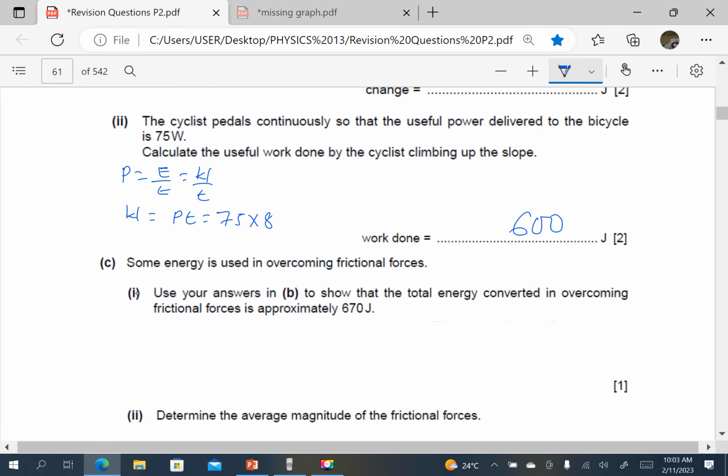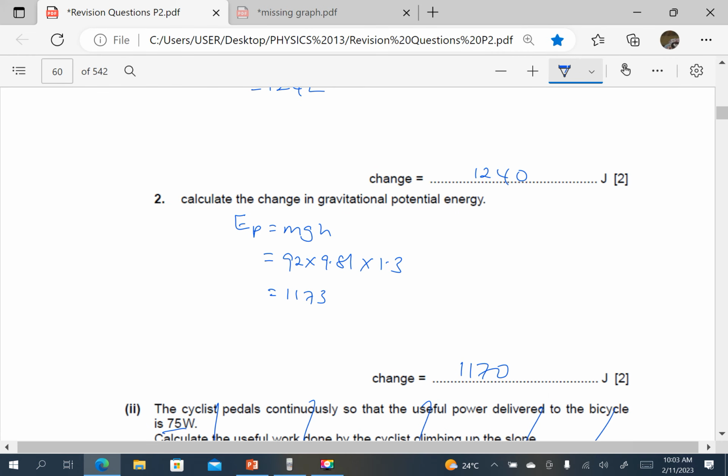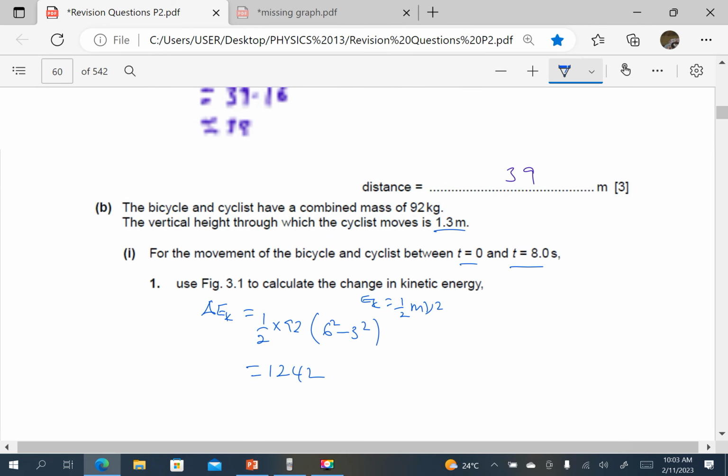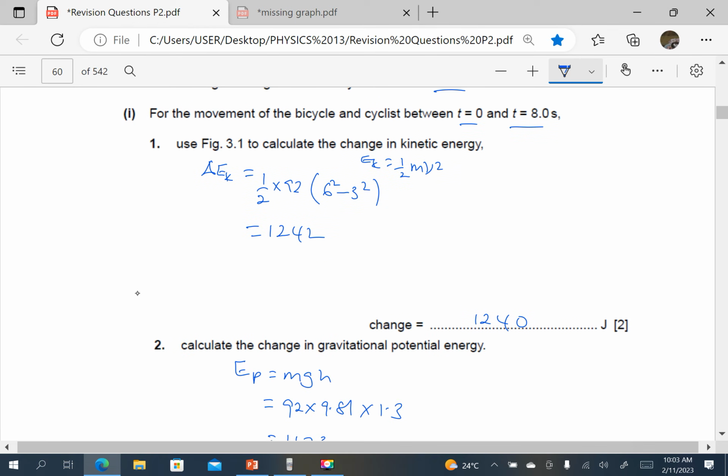Some energy is used in overcoming friction. Use your answers in B to show that the total energy converted in overcoming friction is approximately 760 joules. So we have seen in part B that the change in gravitational potential energy is 1170. We have also seen that the change in kinetic energy is 1260. But we have seen the useful work done by the cyclist in climbing up the slope as being 600.